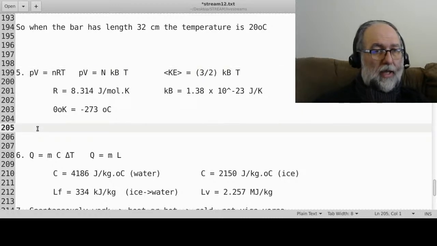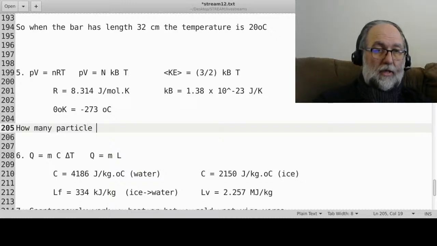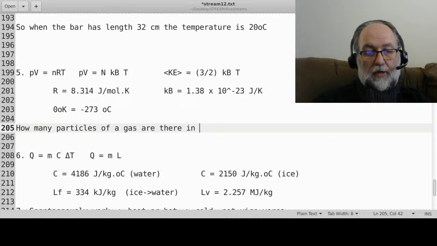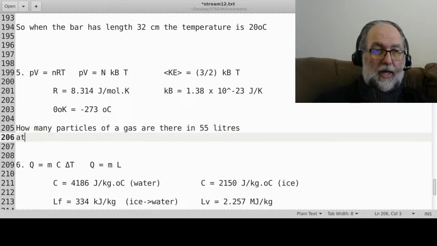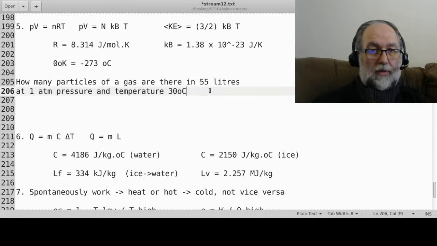How many particles of a gas are there in, I don't know, 55 liters at 1 atmosphere pressure and a temperature of, let's make it 30 degrees Celsius. Okay, so there we go.